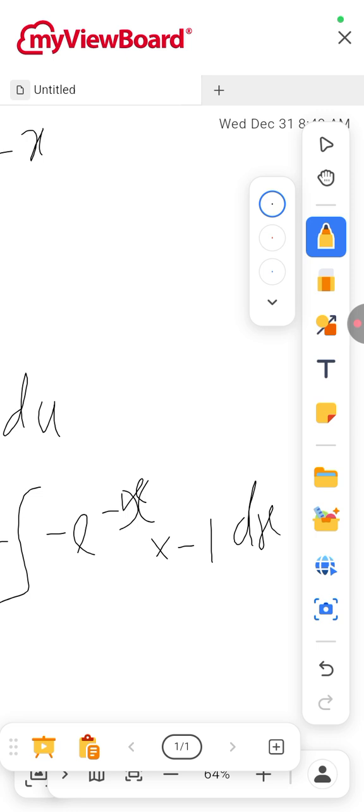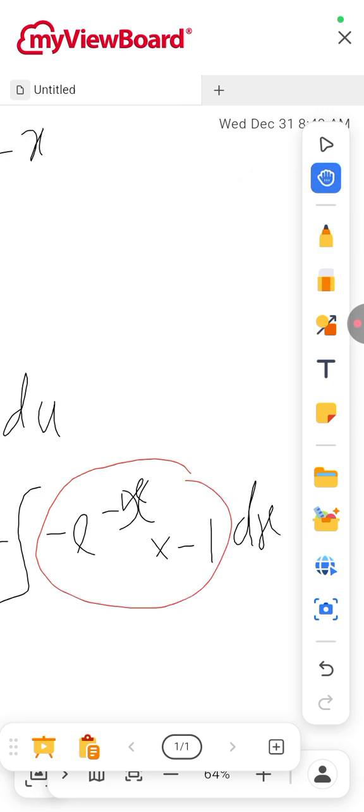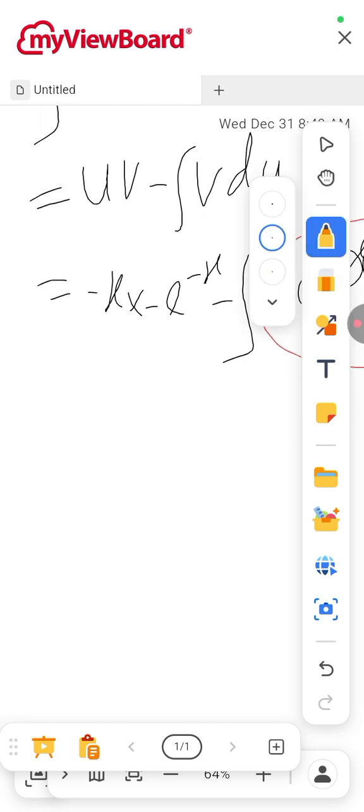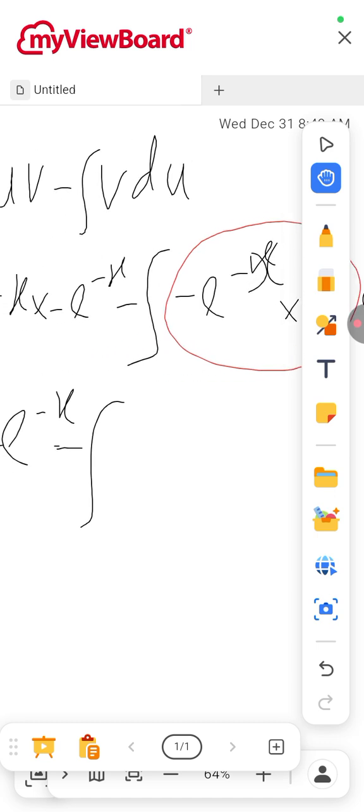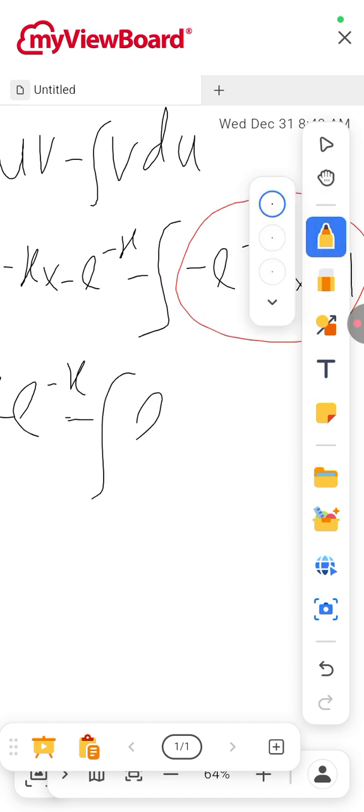So doing that now, minus 1 times minus e, simplifying this first, that will give me plus e raised power minus x. Then simplifying this one too, this will give me x e raised power minus x minus integration of e raised power minus x dx.